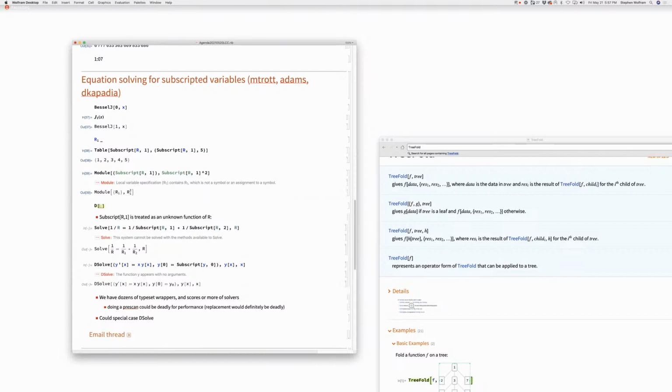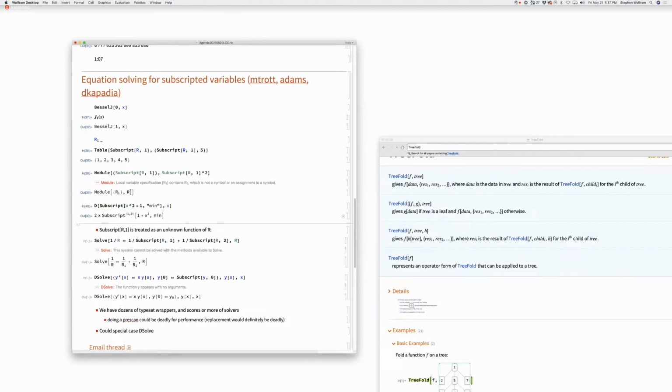Okay, here's a weird case. Let's say I do D of subscript, x squared plus 1, comma, min or something. I don't even know what the heck that did. That's just totally weird. Well, it's giving you the partial derivative of subscript. It's an unknown function, like all mathematical functions.